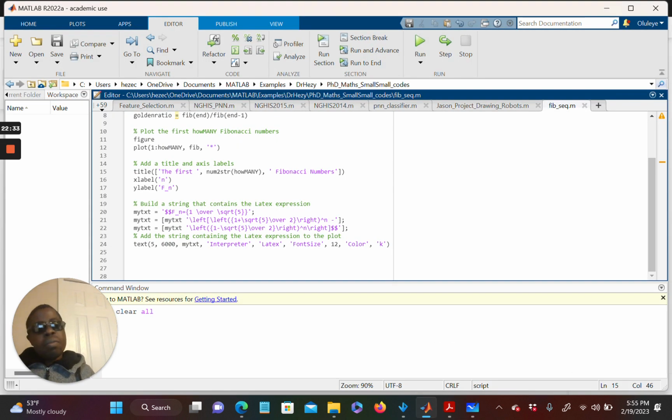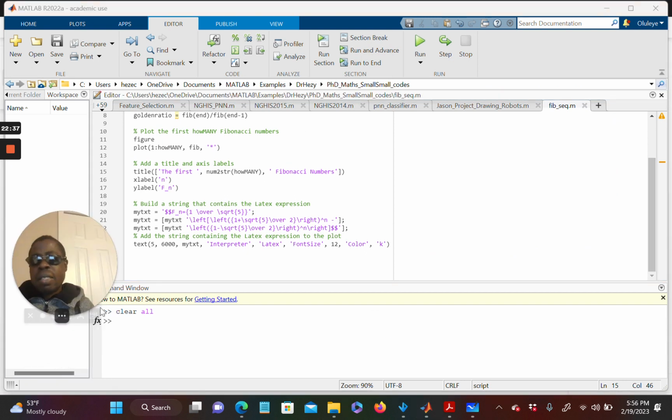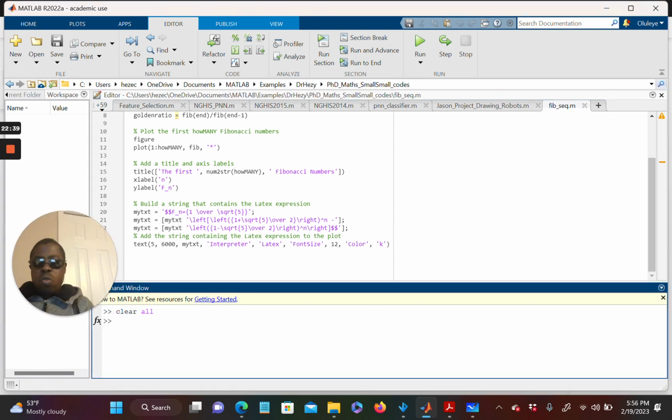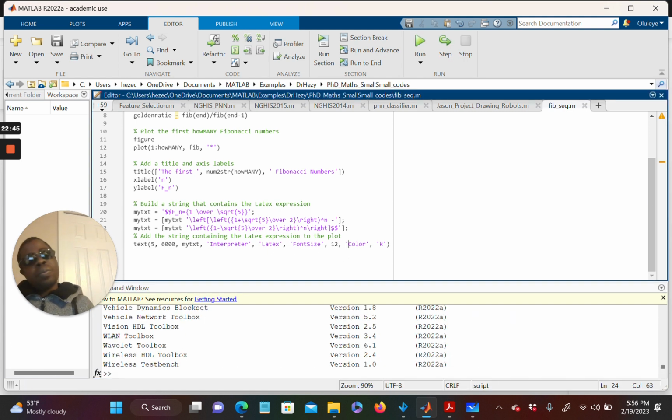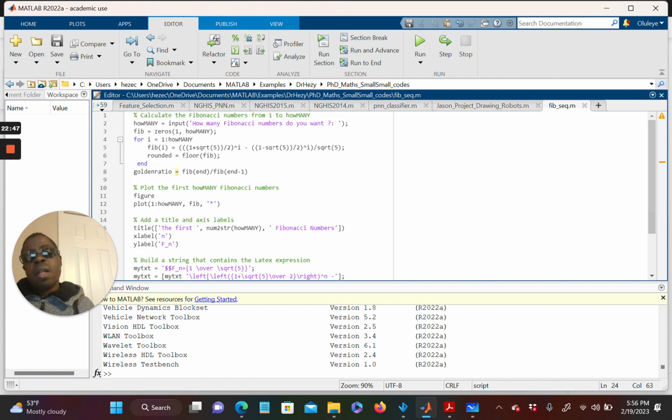Now, this MATLAB version is 2022, see the version, right? Now, here, I want to determine how many Fibonacci numbers I want to generate. Maybe 10 of them or 25 of them.